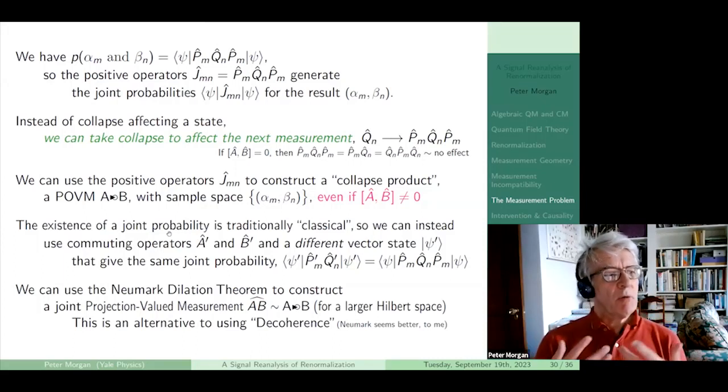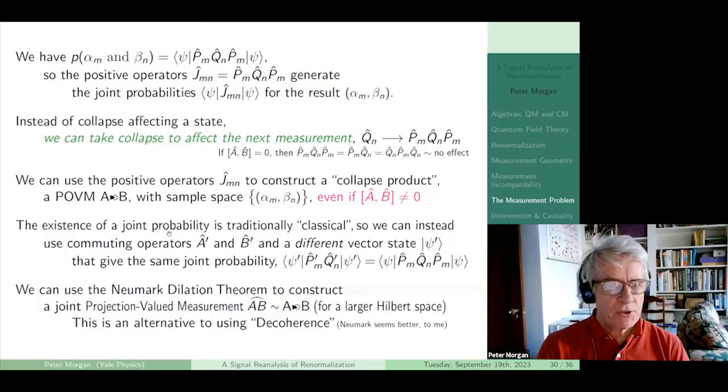But now we have a joint probability. That's something that is kind of classical. So we can instead use commuting operators, A prime and B prime, and a different vector state, psi prime, in a different Hilbert space that give the same joint probability. There's plenty of flexibility in all that to be able to construct something that gives us the same result as we get from the quantum mechanics construction.